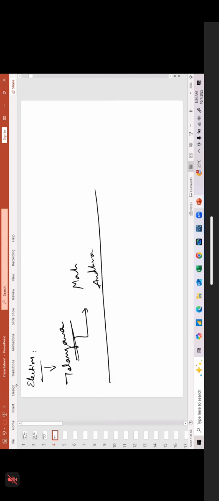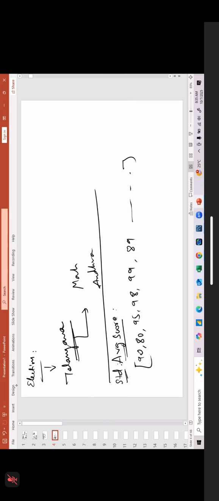One more simple example. We have students, and the average score of students in a classroom. For example, in our classroom, we have average scores of 90, 80, 95. Everyone is a topper: 98, 99, 89, or whatever it might be.